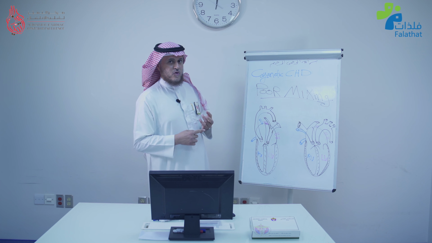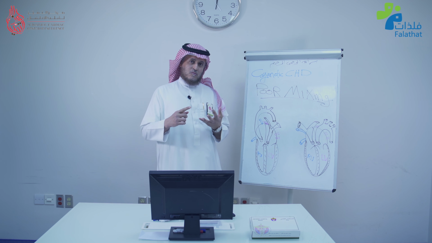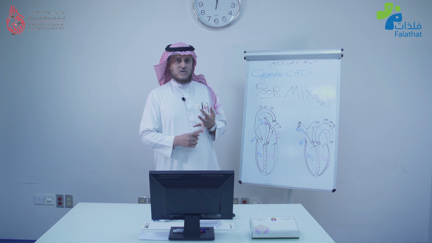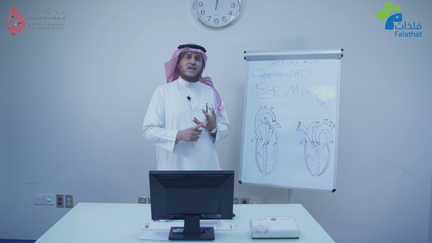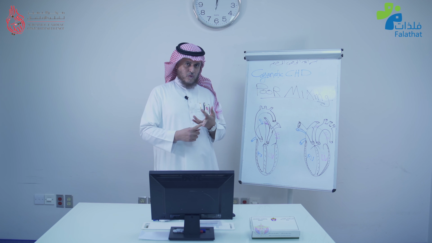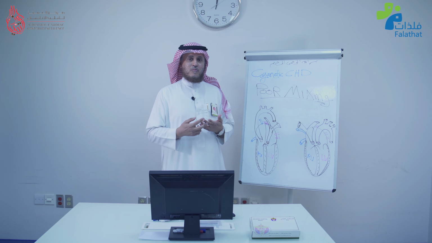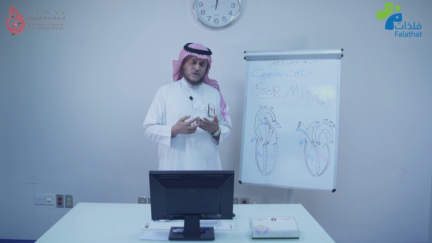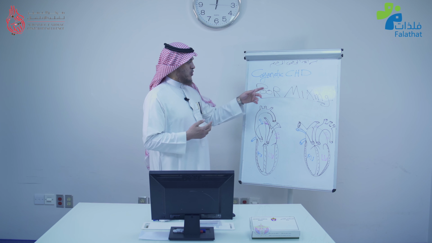We have said before that to be cyanotic, you have to have a right to left shunt. You may be more cyanotic because of decreased pulmonary blood flow, or less cyanotic because of increased pulmonary blood flow. But there is another reason that has nothing to do with right to left shunting or decreased pulmonary blood flow that can make us cyanotic, which is not quite common, alhamdulillah. It is the poor mixers.